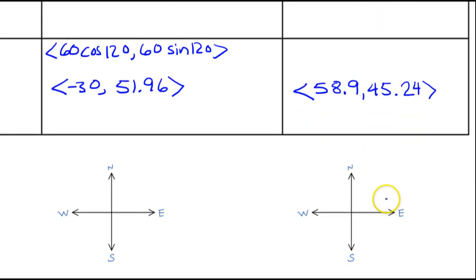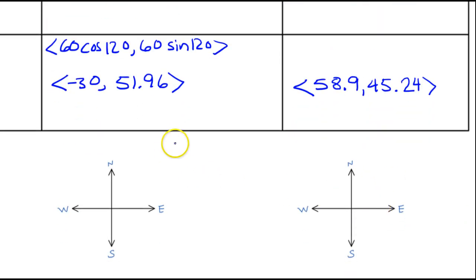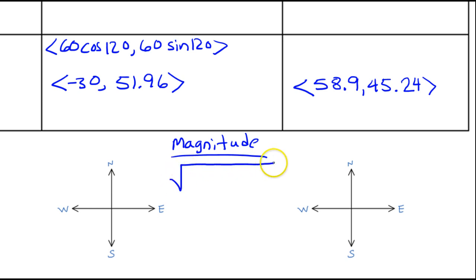So we know how to calculate the magnitude, which I will do right here. All right, because the magnitude, you just use the magnitude formula. So we will do 58.9 squared plus 45.24 squared, and take the square root of all that.